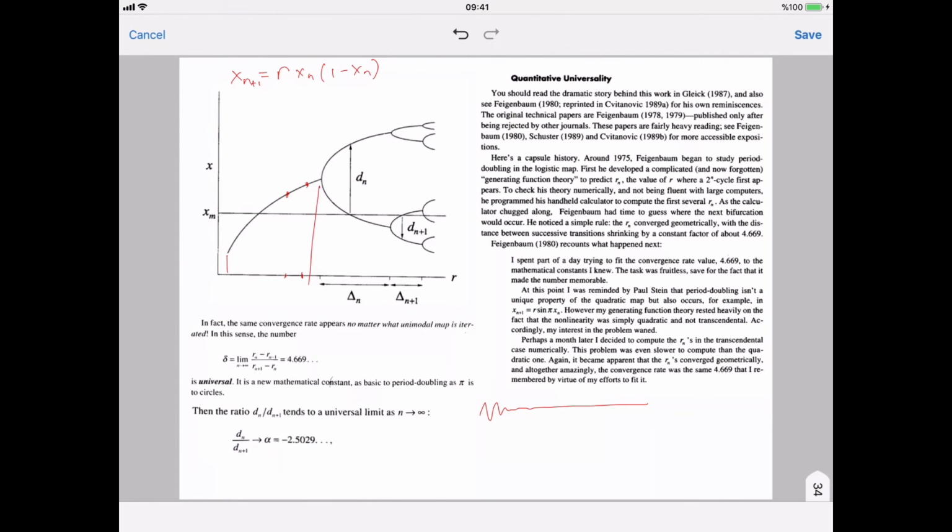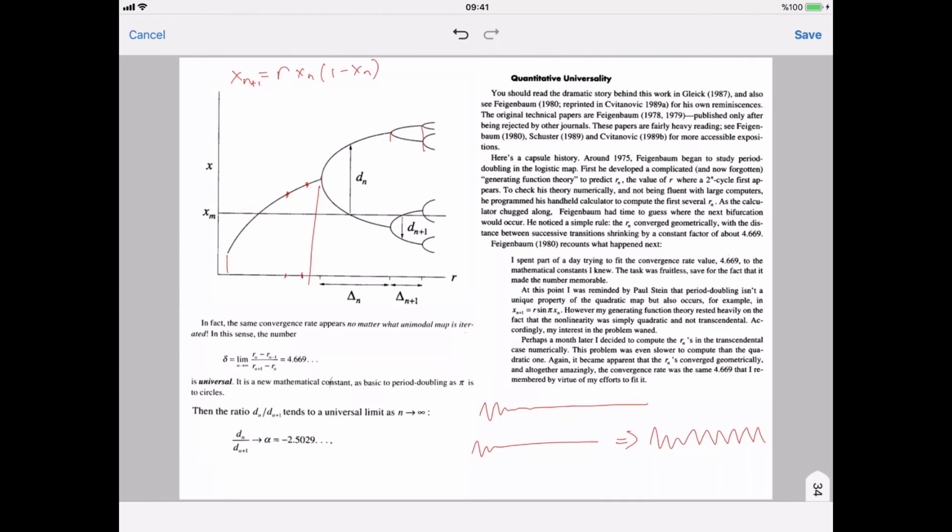Then as we increased R, we hit the bifurcation where this one turned into this one. Do you agree? Yes? And then that one also doubled over here, and so on.